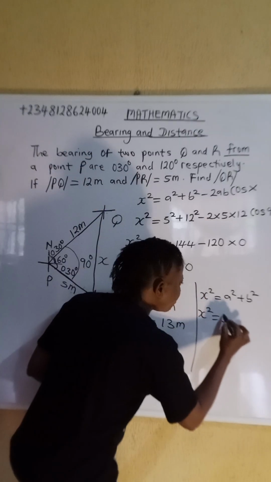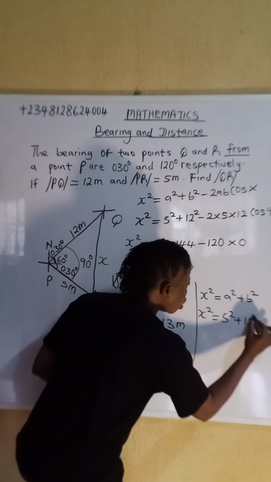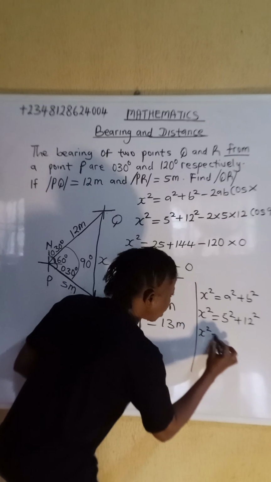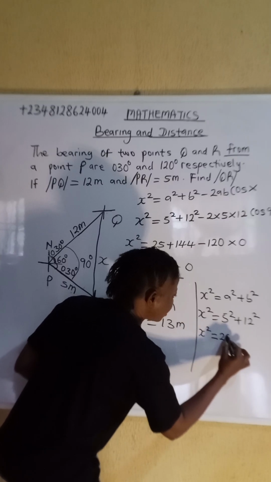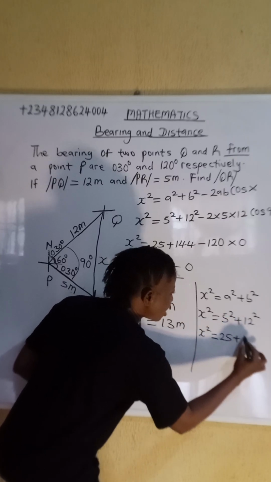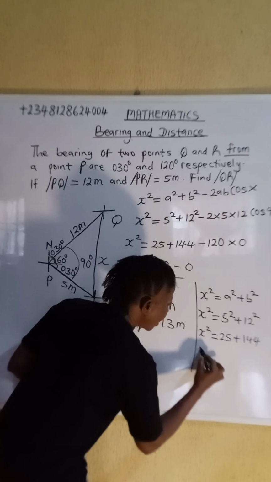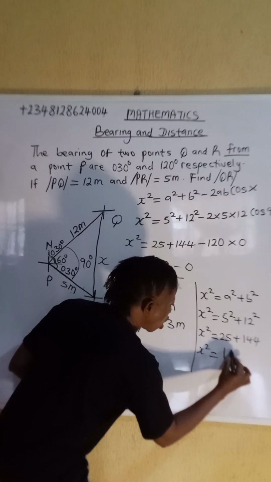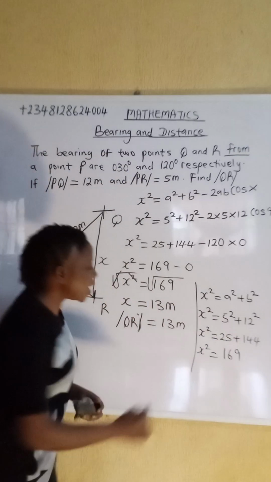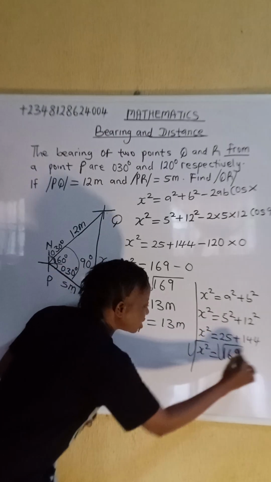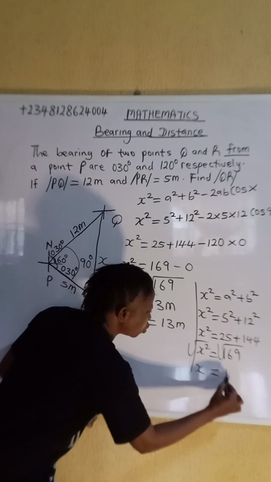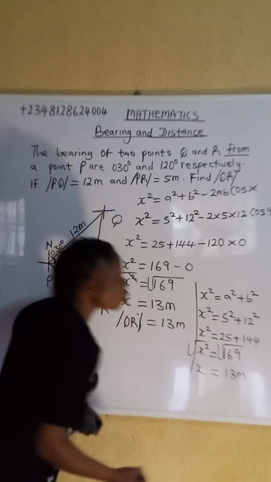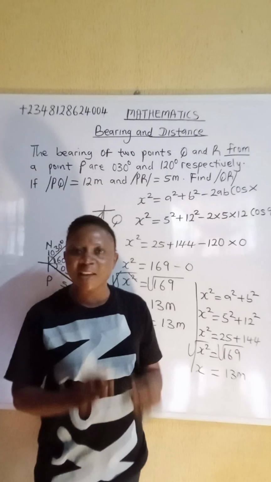So x squared will be equal to, what is 5 squared? That is 25. Plus 12 squared equal to 144. Then x squared will be equal to 169. So by the time you square root both sides, x will be equal to what? 13 meter. So you are still going to arrive at the same answer.